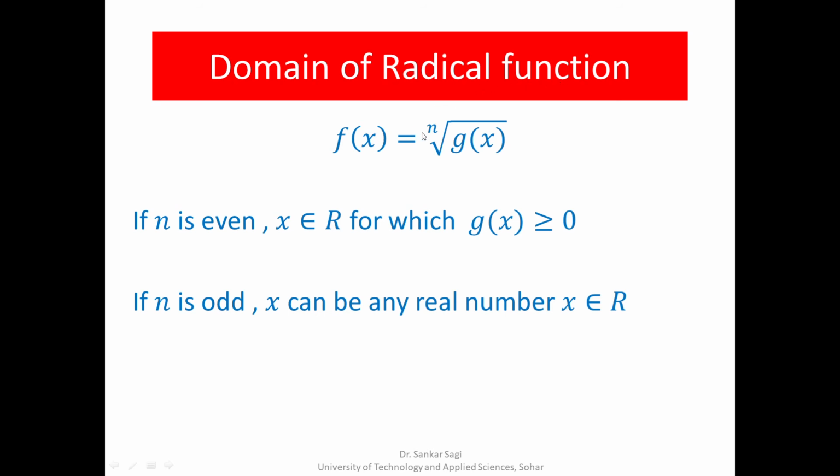So whenever the radical function is given as nth root of some g(x), whatever the term inside the root, that is g(x), should be non-negative when n is even.